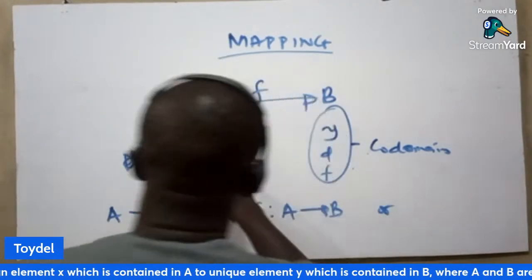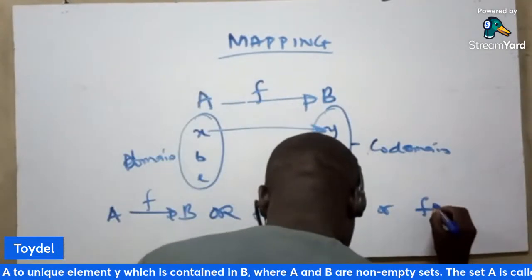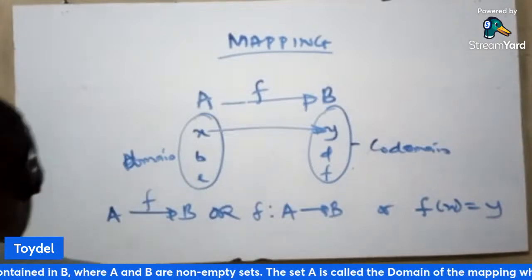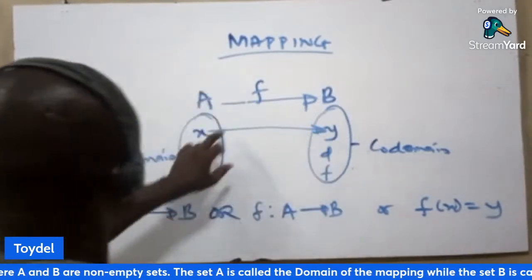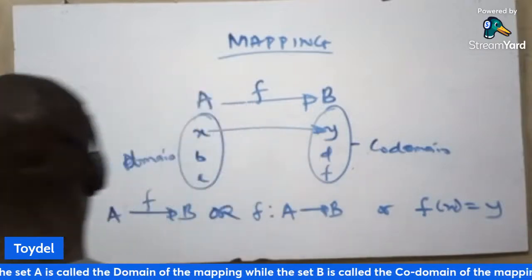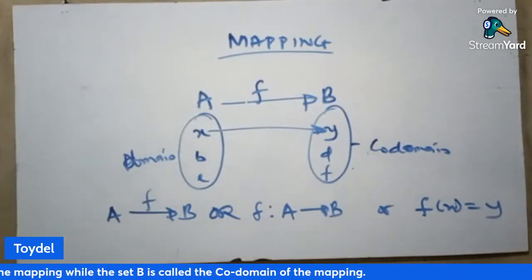Or if I use the first element here to the first element in B, I can say F of X is equal to Y, where Y is the unique element that I get when I perform the operation F on X. So these are the three ways that we can represent what we have on the board.